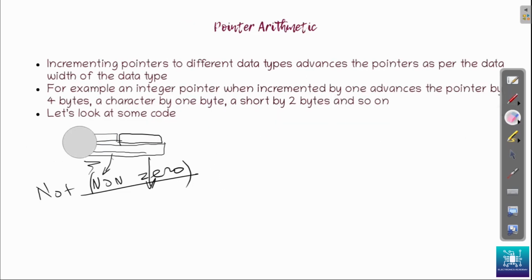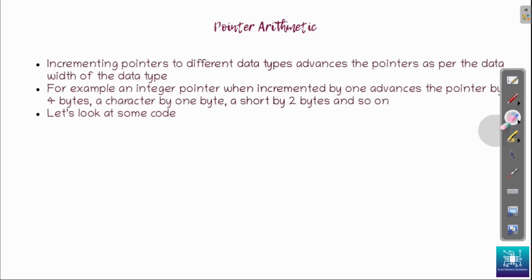Then coming to pointer arithmetic again. This is something that you have done in standard C code also, but it's worth a mention. Yesterday we said that whenever a pointer variable is declared, that variable is treated differently.